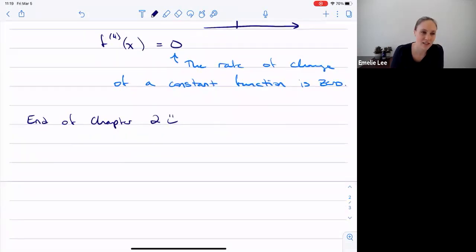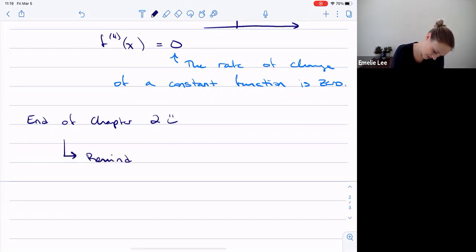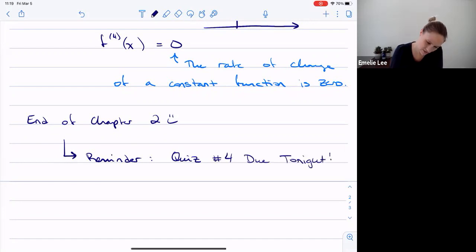Let's see. I'll just do a reminder. Quiz number 4, I think it is, due tonight. Awesome. Yeah, it might be nice to get it done before the weekend, but if you do find that you want me to extend it, just let me know and I can extend it.